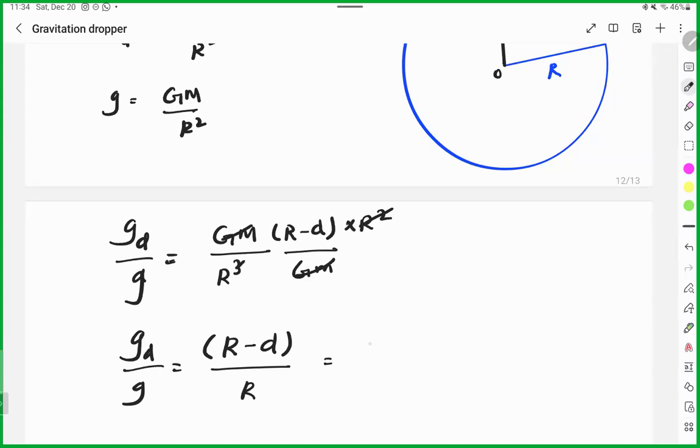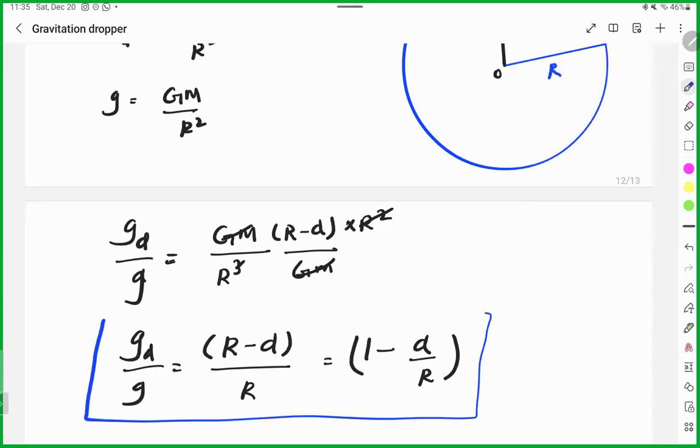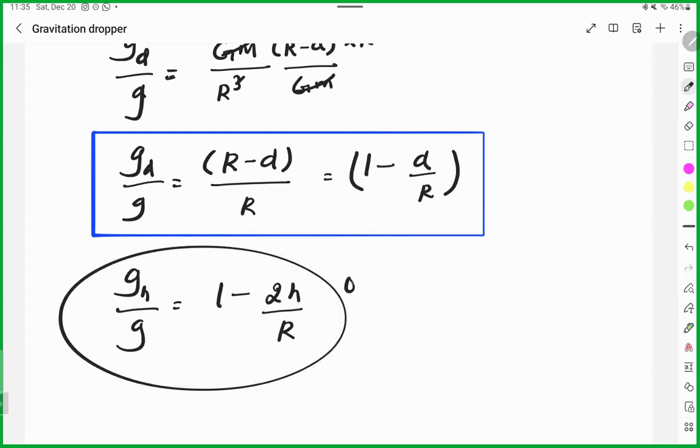Will it also be equal to 1 minus d by R? Any doubt? Now compare with the height. In case of height, when you calculated g at a given height, g_h by g was equal to 1 minus 2h by R, but only when R is much greater than h, correct?